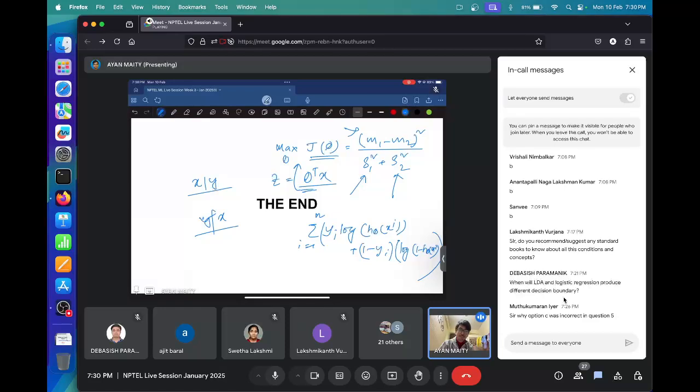So different decision boundaries would be created. There is no specific case where LDA will produce one specific decision boundary or logistic regression will produce some specific decision boundary, but the loss functions are completely different. So it is most likely that in all cases these two will produce different decision boundaries.